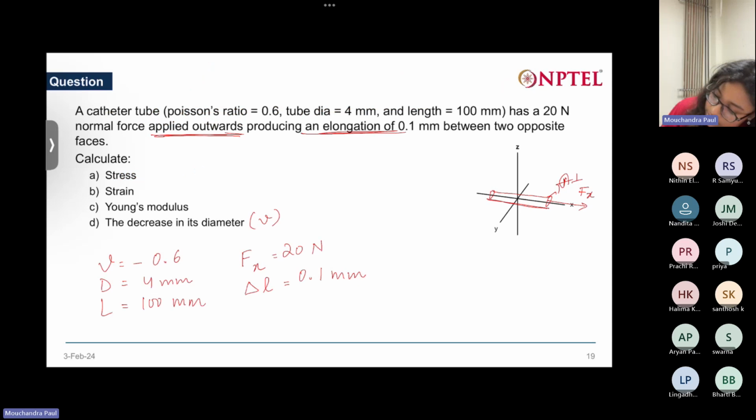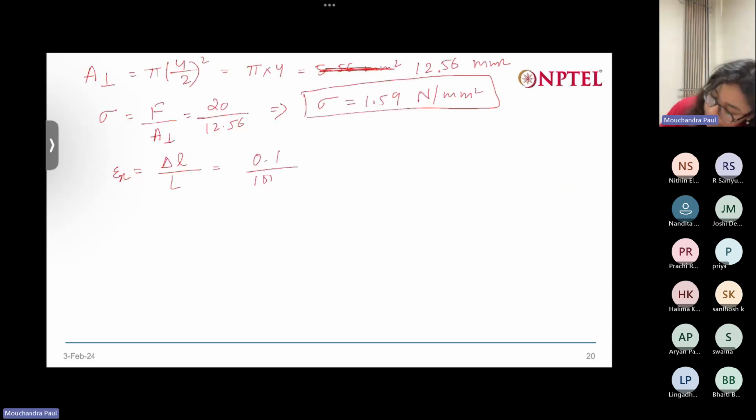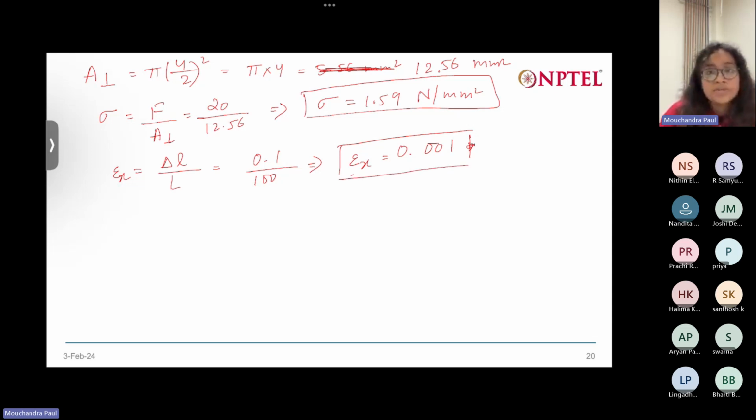Change in length is 0.1 mm divided by 100, right? So strain will be 0.001, no unit. It is a unitless quantity. Everyone got the value of strain in the x direction?